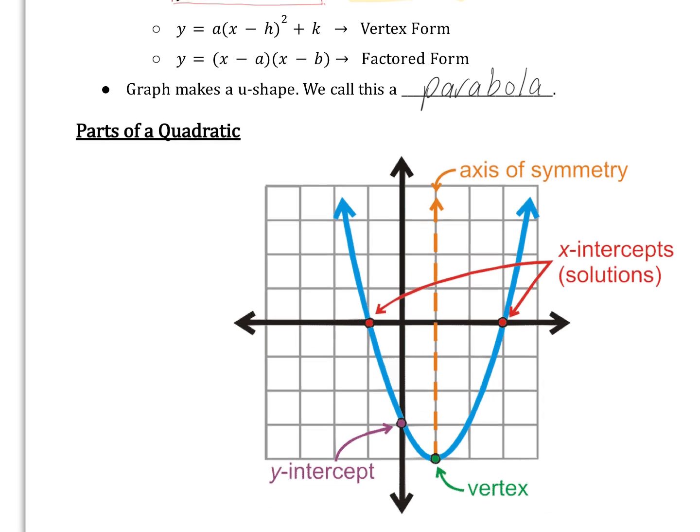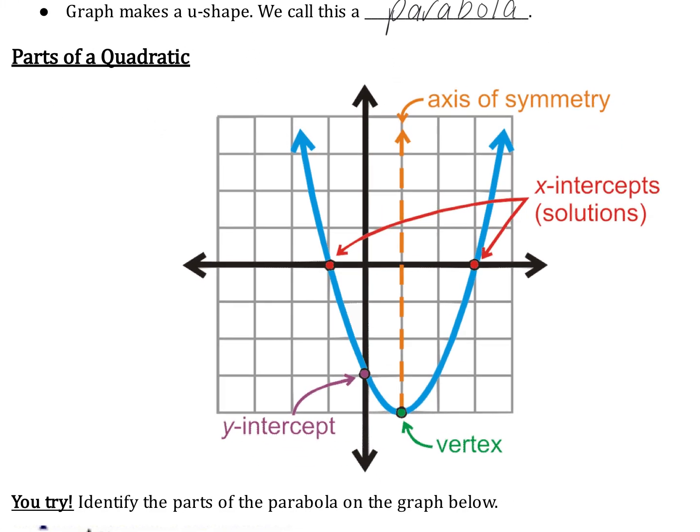Let's look at the parts of a quadratic. Without looking at the equation itself, let's just identify the parts. The first important part is the axis of symmetry. The axis of symmetry is a line, and it's always going to say x equals some number.